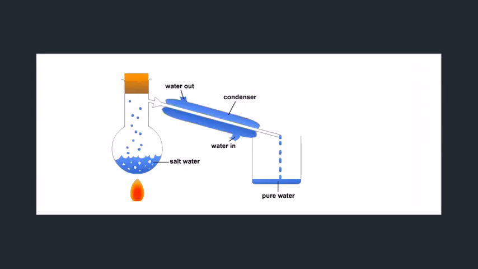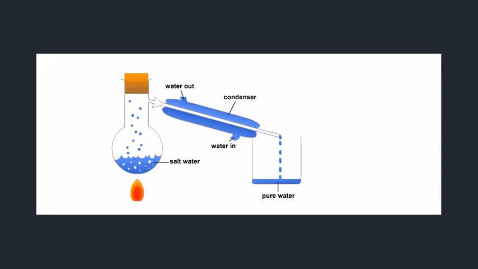Now for the final part, you're going to use distillation, and in here you won't have salt water, you'll have inky water. Here's your condenser, so you're going to boil this mixture in here and it will make steam, and what will come up through here is water as a gas.